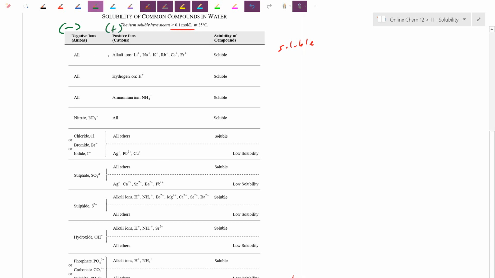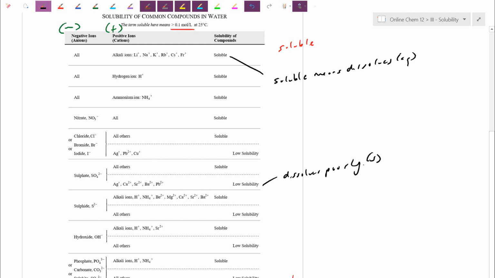By doing the crisscross of that combination, we're going to see on the side, is it soluble? Soluble means it dissolves very well, so we're going to put aqueous. Whereas if it says low soluble, it means it dissolves poorly, and in this case, dissolving poorly, we're going to say solid.